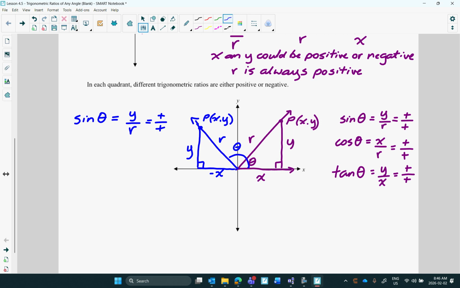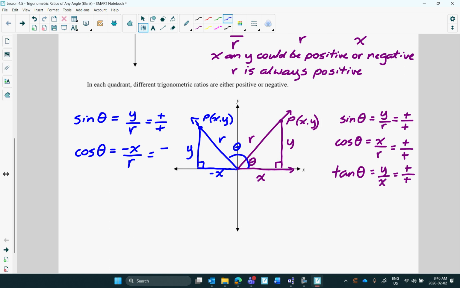If I use 30 degrees as a reference angle here, the actual angle would be 150. And the sine of 150 is also positive 0.5. They're both positive. Okay? However, the cosine in quadrant 2 is going to be negative x over r.